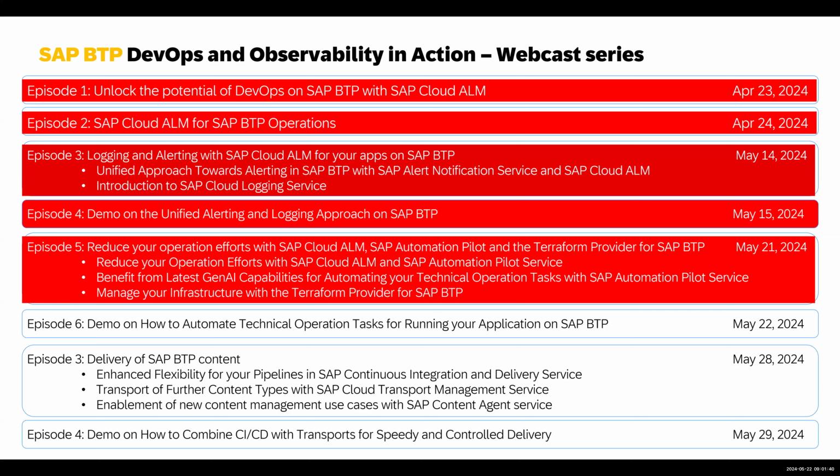Last week we covered logging and alerting with SAP Cloud ALM for your apps on SAP BTP, followed by a demo, which was episode 4. Yesterday we covered reducing your operation efforts with SAP Cloud ALM, SAP Automation Pilot, and Terraform Provider for SAP BTP. Today's session will be a demo of what was discussed yesterday by our 3 presenters.